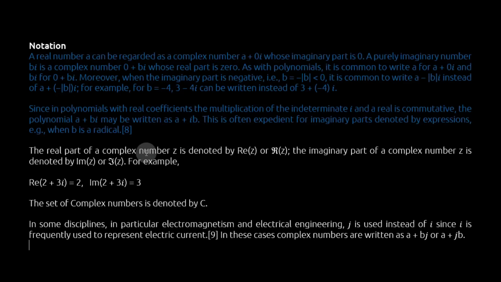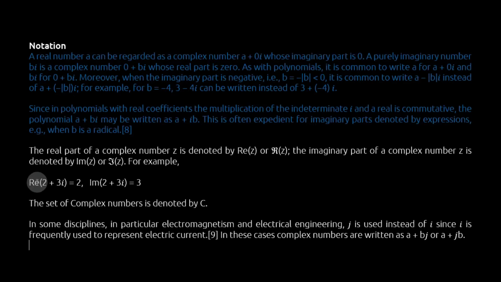The real part of a complex number z is denoted by Re in brackets z. So that's how you can represent the real part, and this is how you can represent the imaginary part.